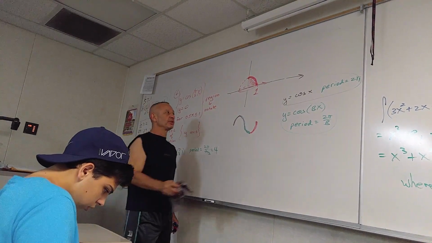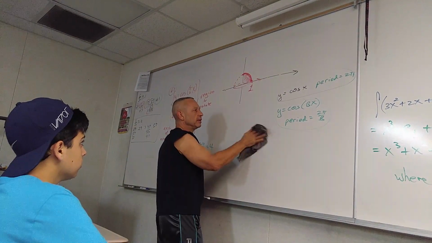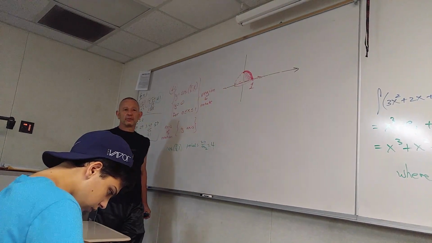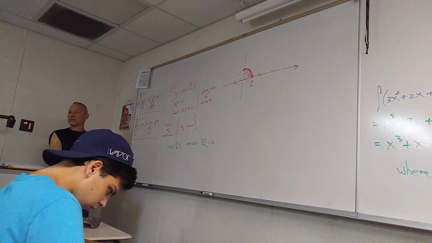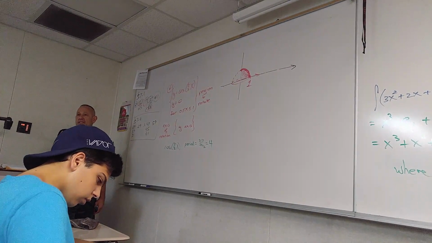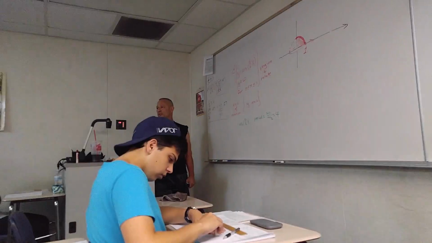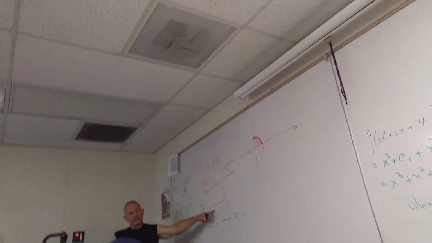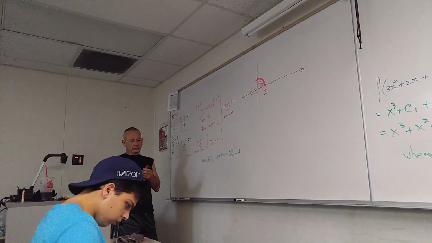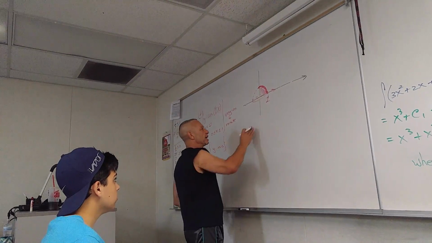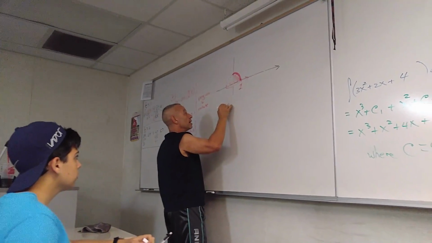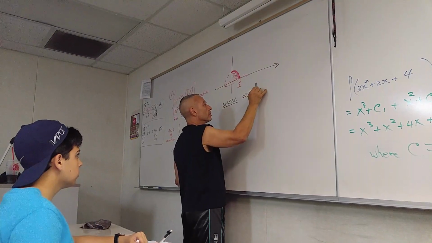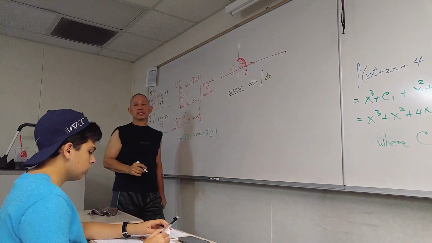They told us to use the shell method. Should we ignore them and do the disk method? Would that be easier? Doesn't matter, does it? If they force you to use the shell method, you're forced to use the shell method. Since we're integrating around a vertical axis, what does the shell method mean we're going to have to do here? Vertical shell. That means we have to integrate horizontally. It's got to be an integral dx.